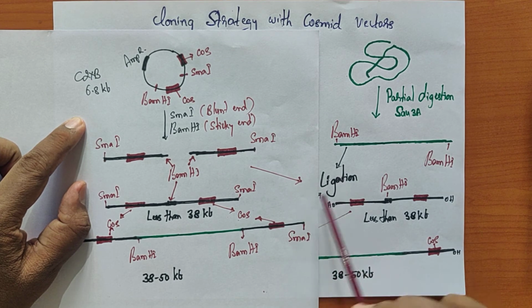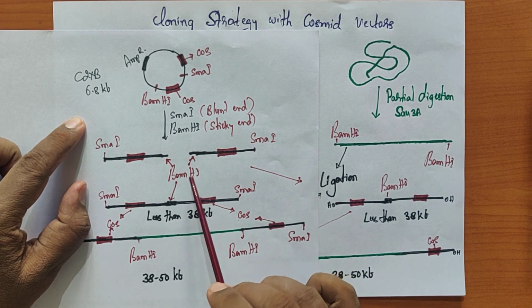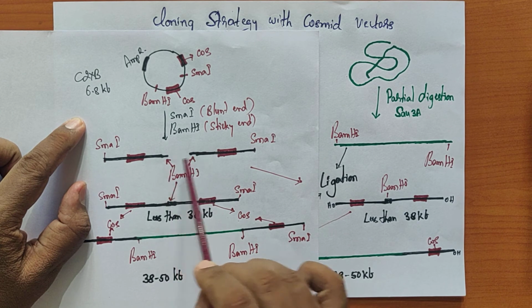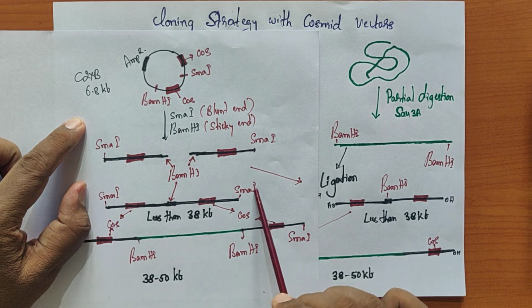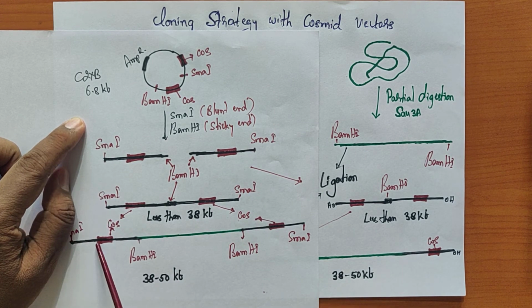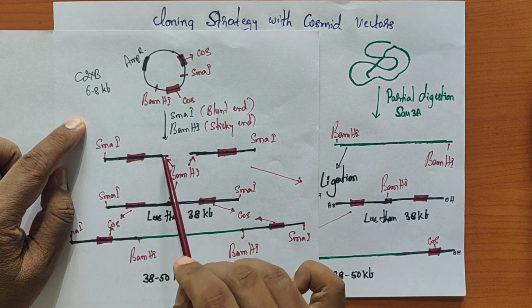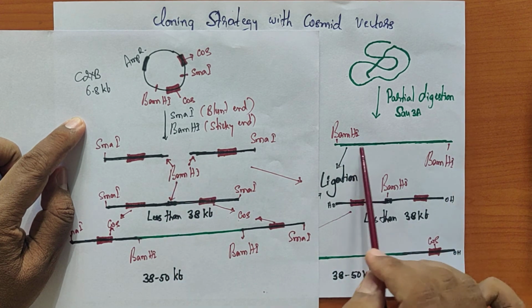Alright. In case of a ligation, there is a chance that this end and this end can combine together to form this species. Obviously this is less than 38 kilobase, so it will never get packaged in. Whereas this particular end, and this is another cosmid vector, now this is the BamH1 and we have a compatible BamH1.